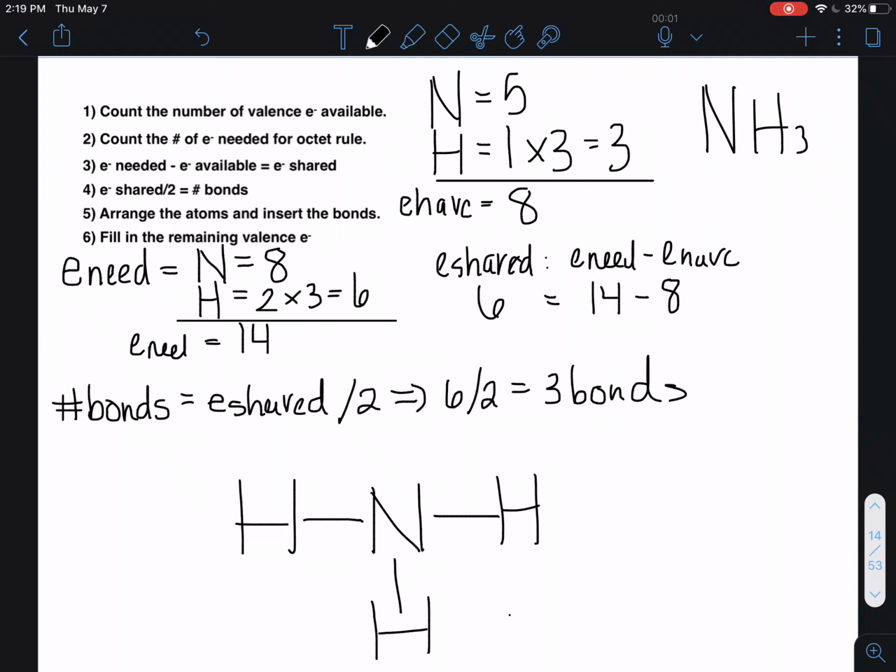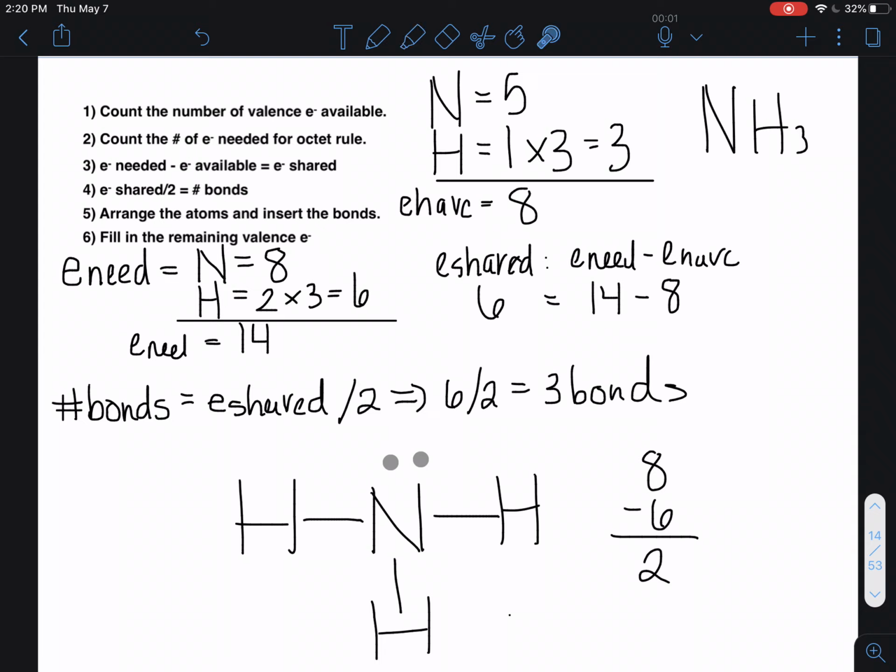So that means that we started off with 8 valence electrons. We placed the 3 bonds, so that got rid of 6 electrons, gives us 2 remaining, and the only place that we can put the 2 is right here.